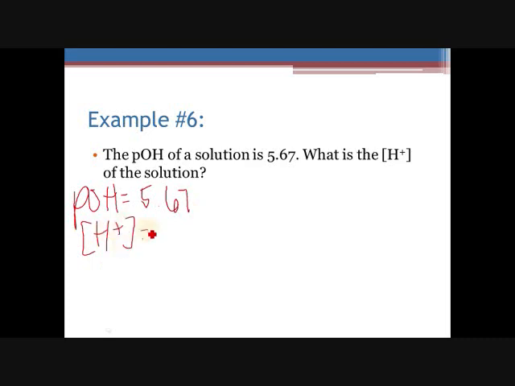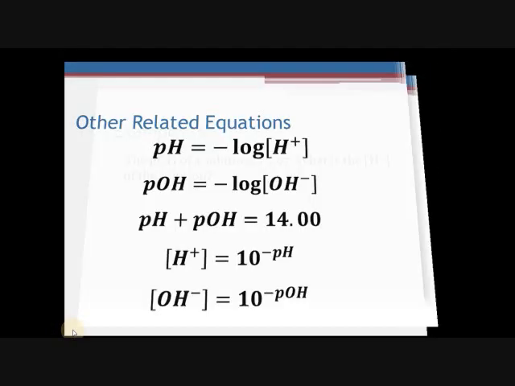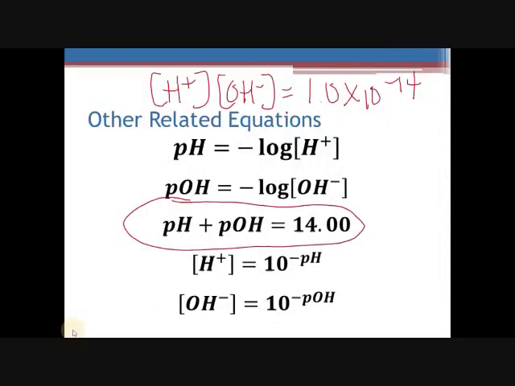So looking back at the list of all the equations, is there an equation that has both of those in it? I see pOH here, I see pOH here, I see pOH here, but I don't see H plus in those.